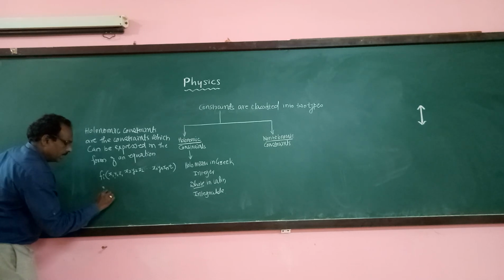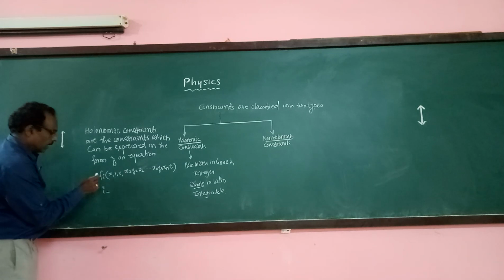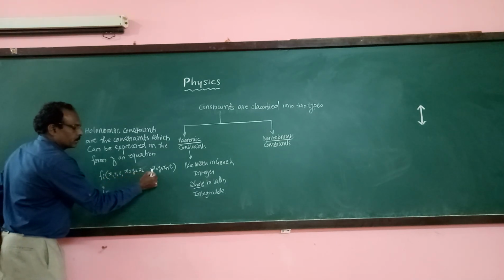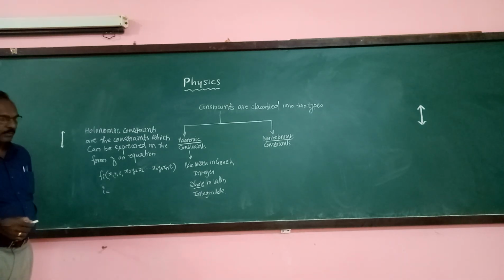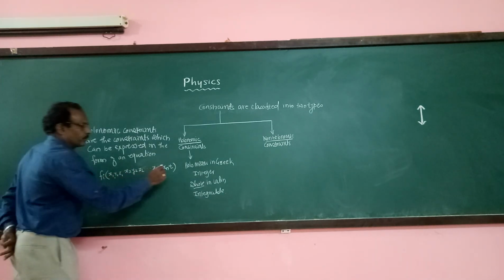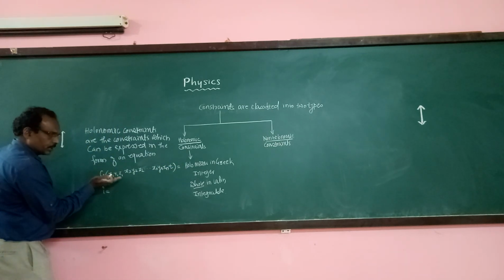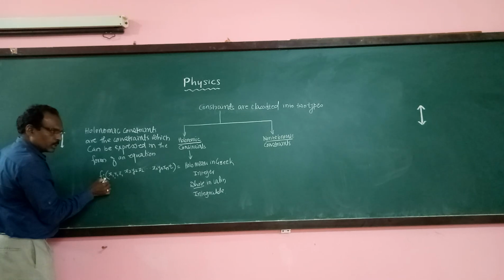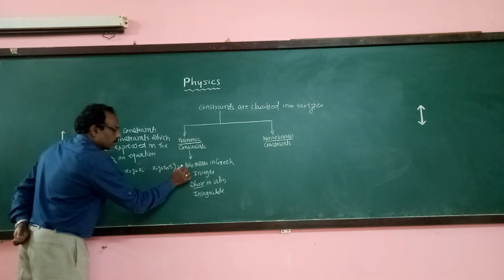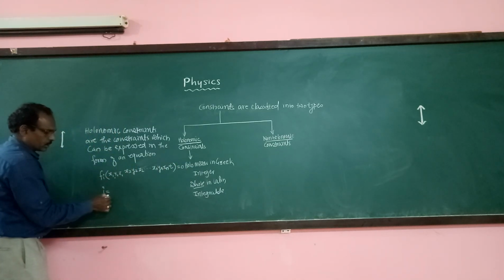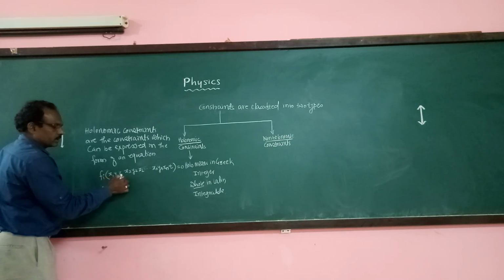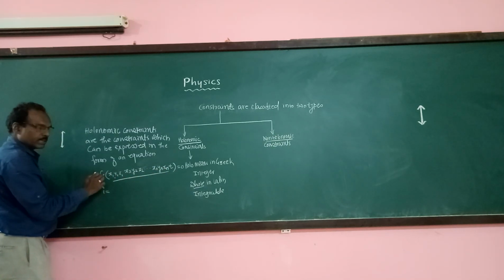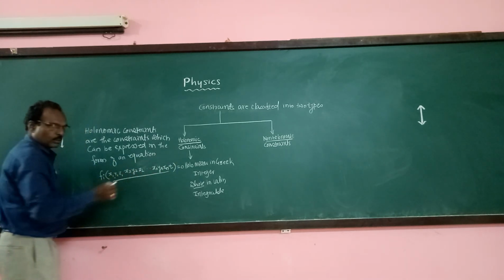Here i gives the number of constraints. f_i is some function of coordinates. x1, y1, z1, x2, y2, z2, up to xn, yn, zn are the coordinates of a system of particles; here we have written the equation for a system having n particles. This is the relation between the constraint and the coordinates, which is equated to 0.